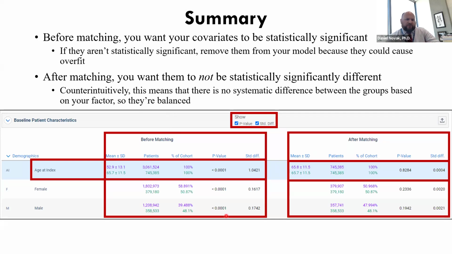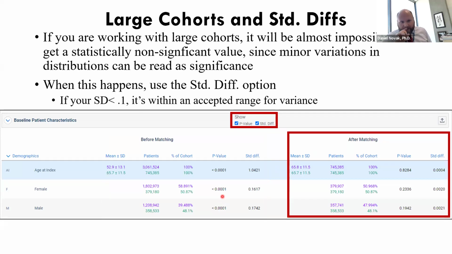So if the two groups are already statistically significantly different before matching, don't include them in here already. Propensity score matching doesn't need to be done on those two groups or based on that characteristic. As I said, after matching, you want them to not be statistically significantly different, and that's counterintuitive because that's different from what we look at so much everywhere else.